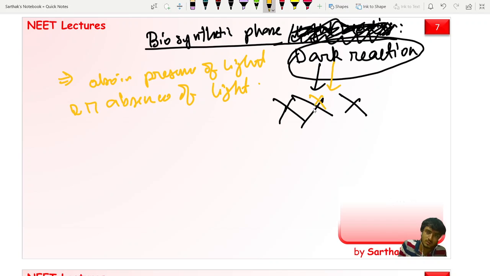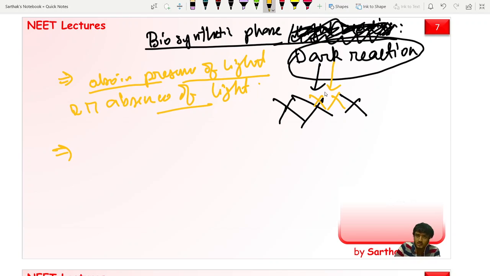So it is not synonymous with dark reaction, because it happens both when light is present and when it is not. Whereas the light reaction occurs only when light is present, the biosynthetic phase can occur independently of light, because it requires the products of the light reaction, not dark. Dark is not mandatory here.